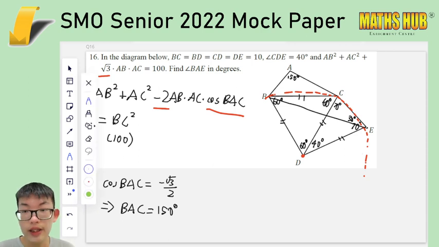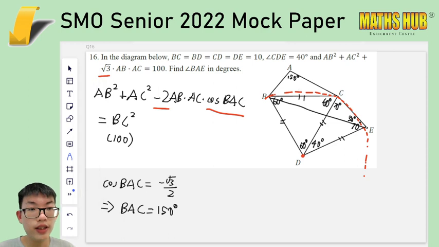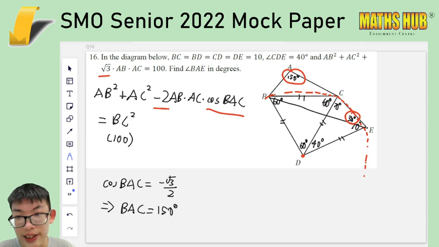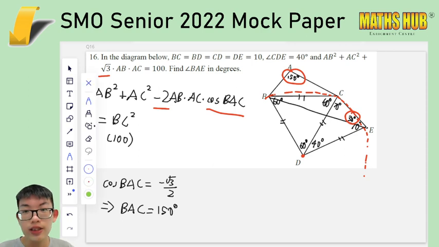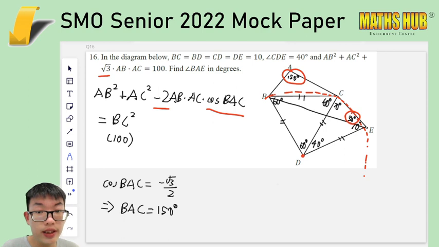And then the 150 degrees comes in handy, because 150 and 30 degrees sum to 180 degrees. So since those two sum to 180 degrees, it tells us that ABEC is a cyclic quadrilateral.